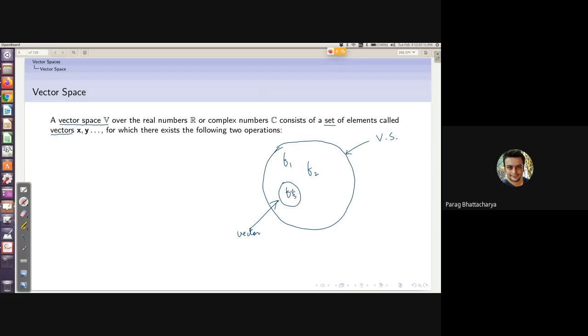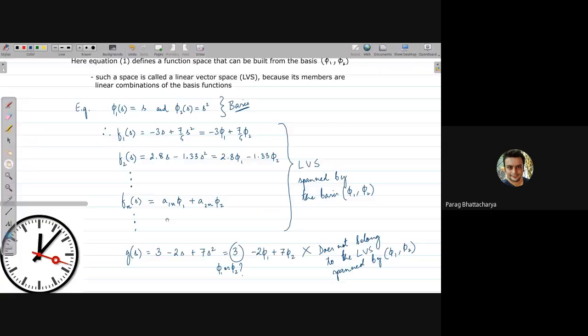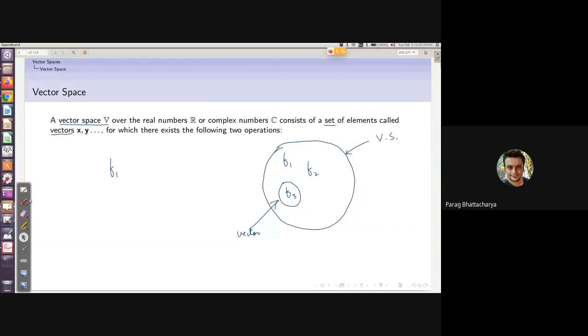And how do you know that this is a vector? Very easy, because we saw what f1 is. F1 was -3 phi 1 plus 7 by 5 phi 2. We can also write f1 like this: -3 comma 7 by 5, like an x coordinate, y coordinate.